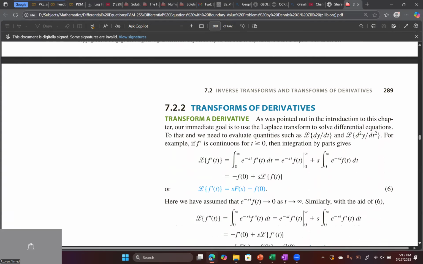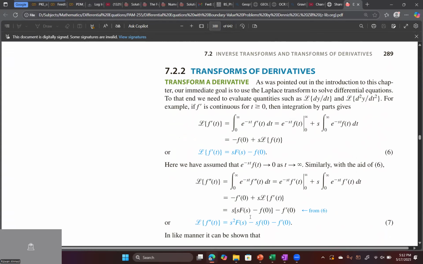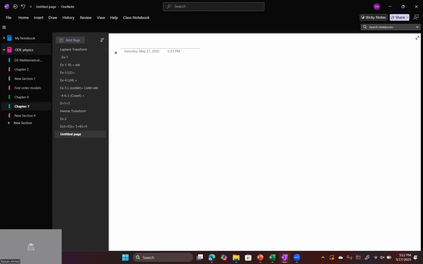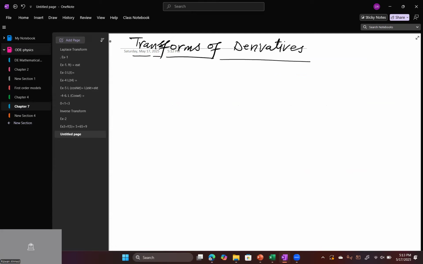Now the final link with the differential equations is with the transforms of derivatives. So this will enable us to apply Laplace transform for the solution of differential equations.